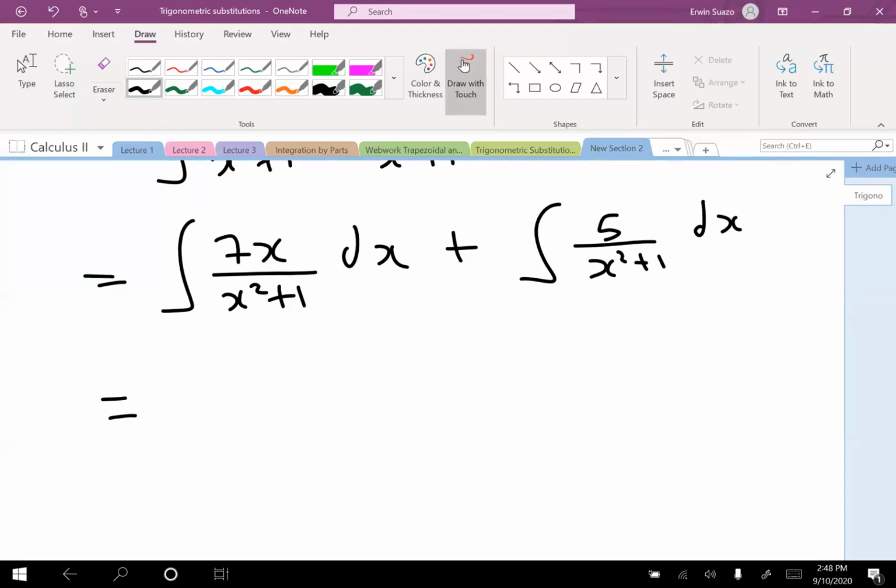Or do you want to do the second one? How will you do the second one? Yeah, take out the constant. Okay, you want to take out the constant. Okay, let's take out the constant of both.